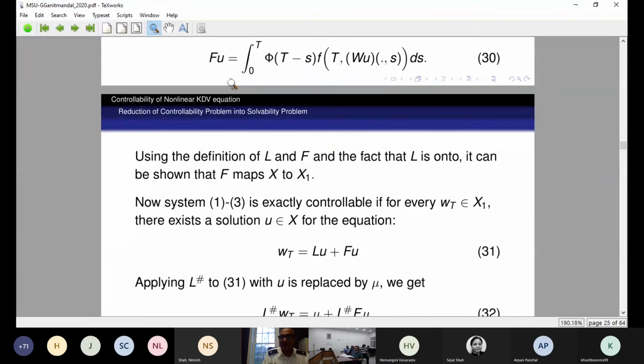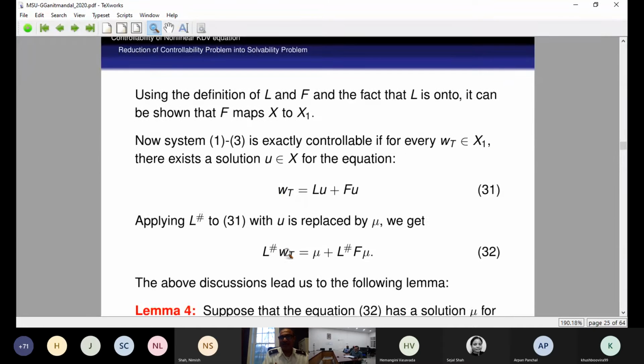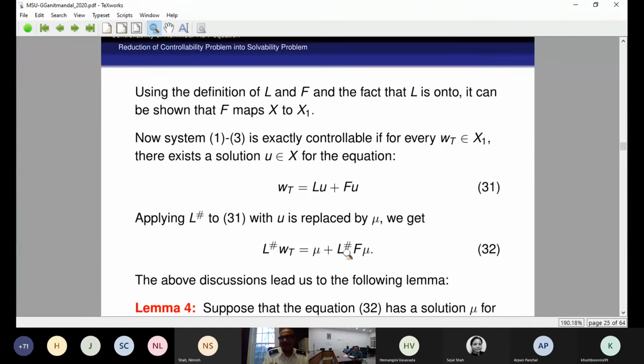And now system 1, 2, 3 is exactly controllable if for every WT in X1 there exists a solution control U in X such that WT is equal to LU plus FU. Now I am in a position to write it down, LU plus FU. So if I take L has on both sides, I am getting L has WT equal to this one. This is just U, but I can replace in general this U by nu.